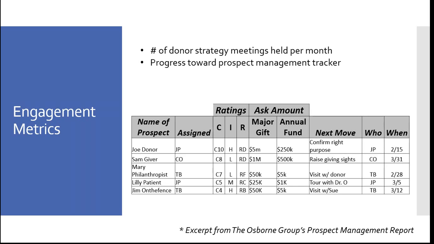We're going to talk a little later about individual frontline fundraiser performance objectives, and I would make the argument, especially if this is a real issue for you, that the percentage of due dates met per month for engagement becomes an individual metric for each of your frontline fundraisers, each of your relationship managers.